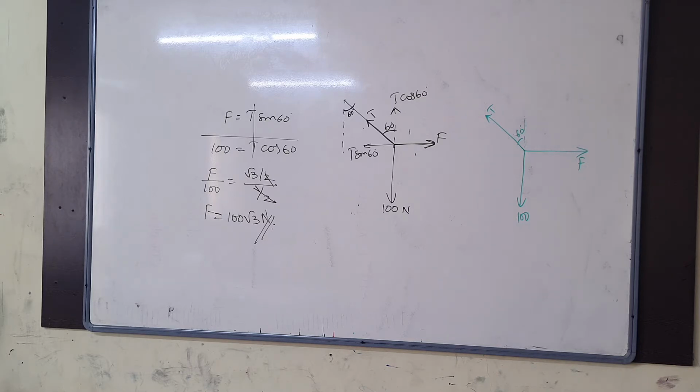For F, this angle is the opposite angle. Always in between vectors only. Here 30, here 90, 120 degrees. For 100, this is the opposite angle. You don't consider the angle between the lines. You have to consider the angle between the vectors only. Always. Okay? 90 plus 60, 150.